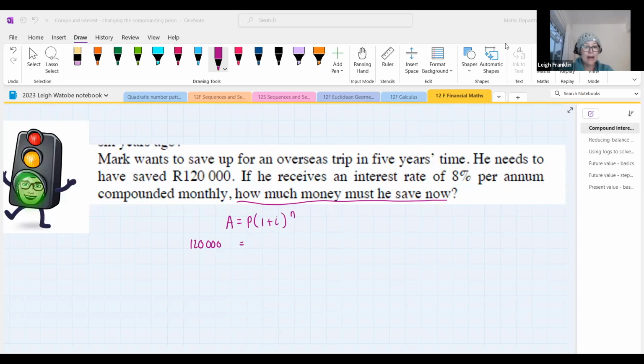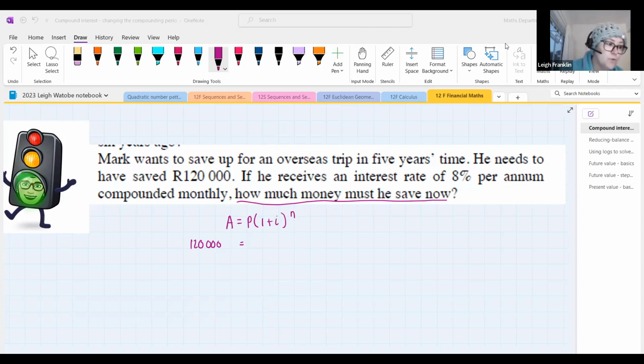Here he's only making one deposit in the beginning, and that money is staying in the account and earning interest over 5 years' time. And at the end, he wants 120,000 Rand. So it's not future value because there is not a regular payment.